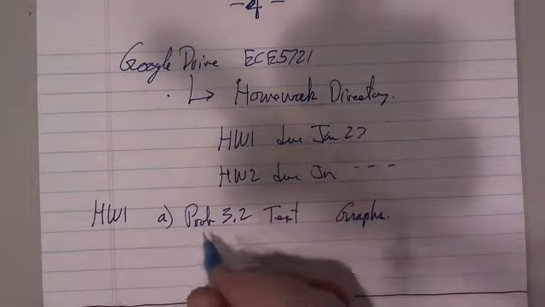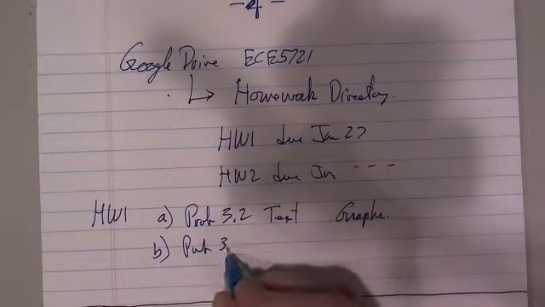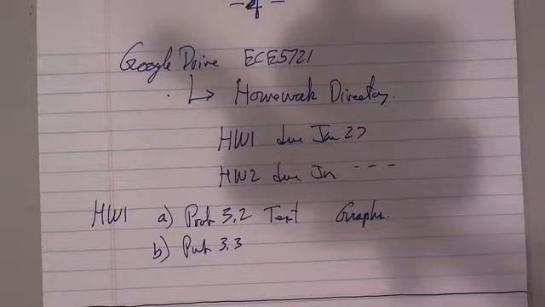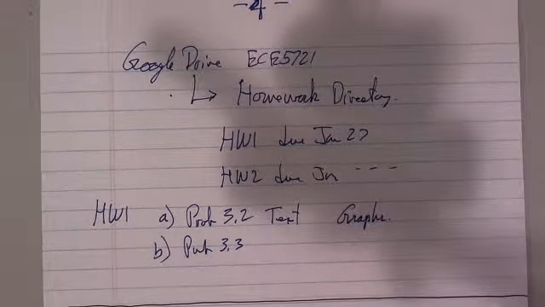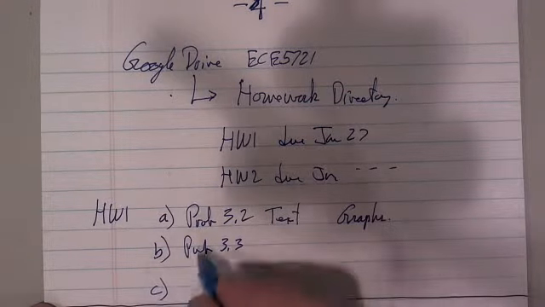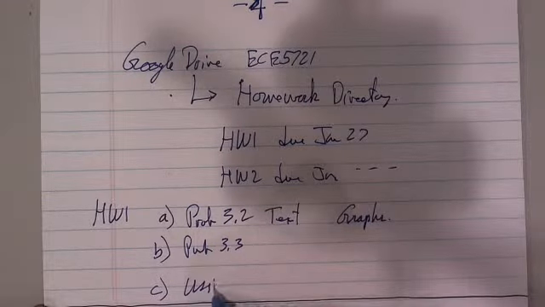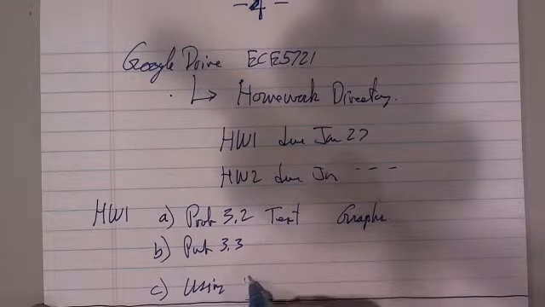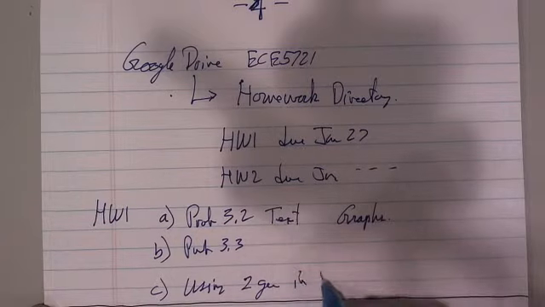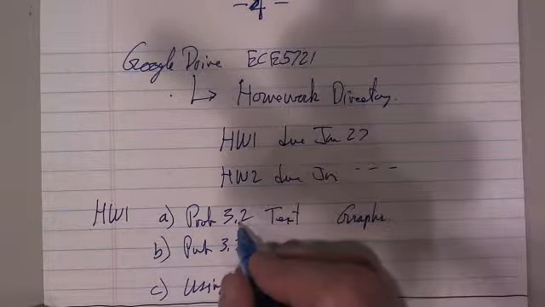We are also going to do problem 3.3 in the homework. So those two problems, but then we're going to do a takeoff. Using the two generators in problem, what did I say here?